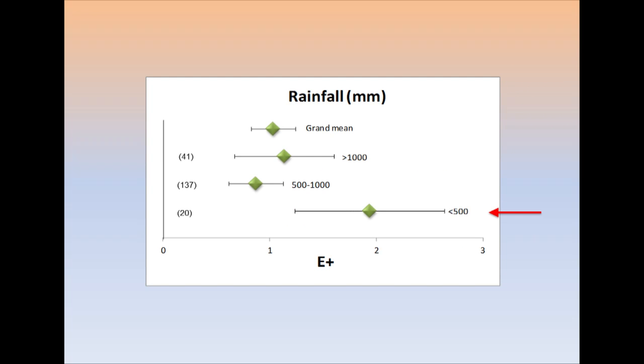What is nicer is rainfall had a nice number of reported studies, and you can see here that obviously where water is limiting, reducing your tillage in some shape is very successful.